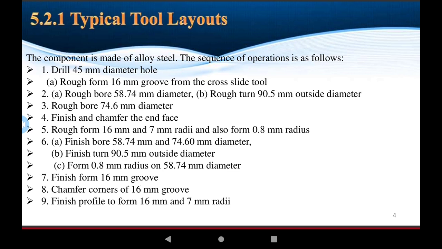rough bore is the 58.74 diameter. Okay, the machine tools also perform work on holes, manufacturing holes. And part B is the rough turn.